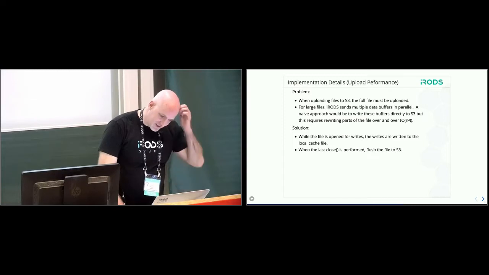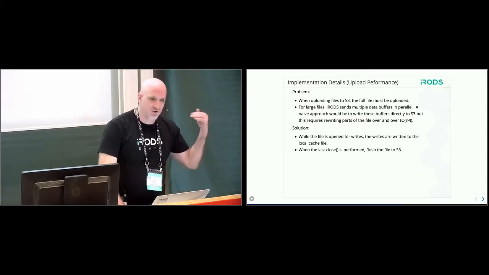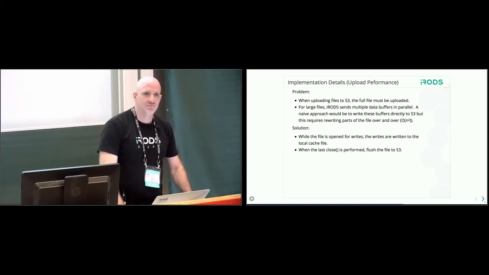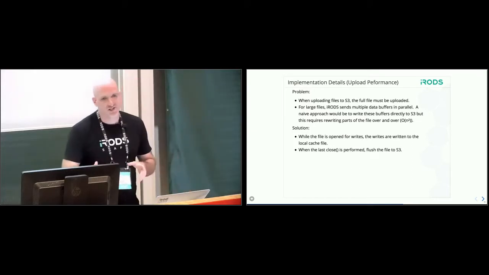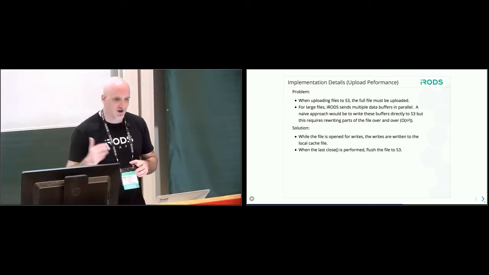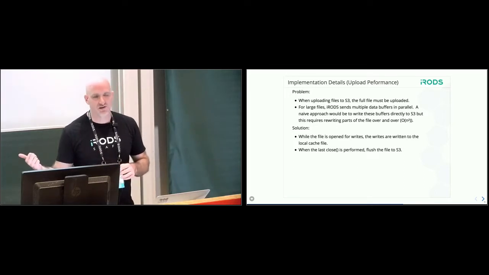This one was easy to solve, though. We know everyone who has a file open. So whenever there are multiple files open and people are writing, we just write to the cache file, and we don't flush that to S3 until the last close is done.